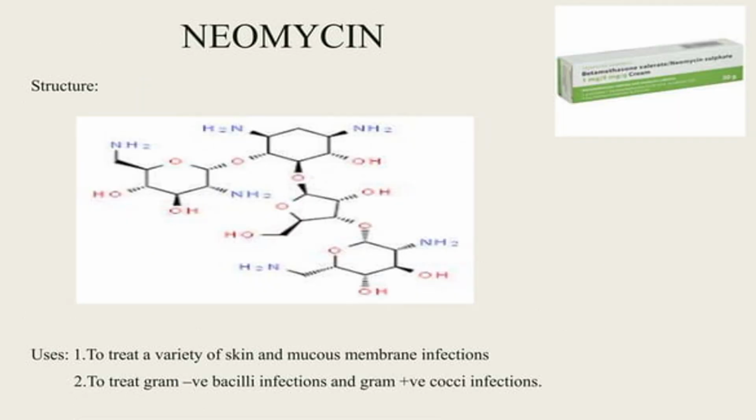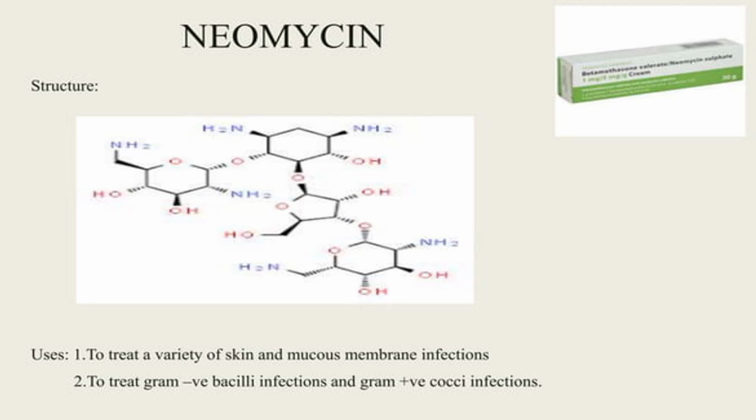Next example of our aminoglycoside type of antibiotic is neomycin. So what is neomycin? Neomycin is used to treat a variety of skin and mucous membrane infections, to treat the gram-negative bacilli infections, as well as the gram-positive cocci infections.